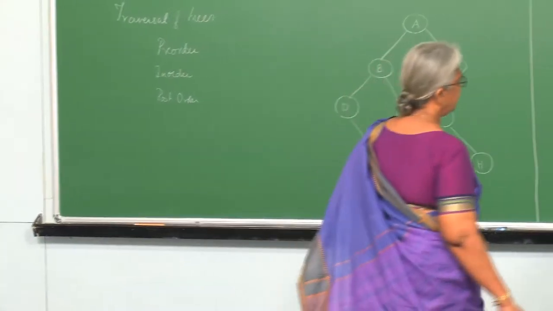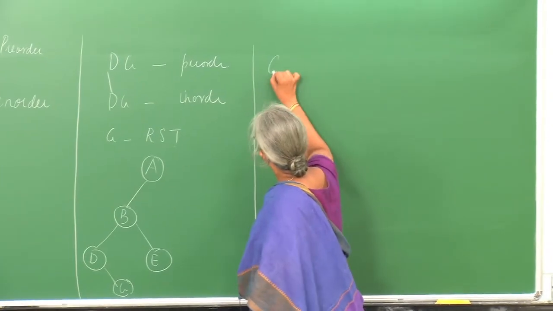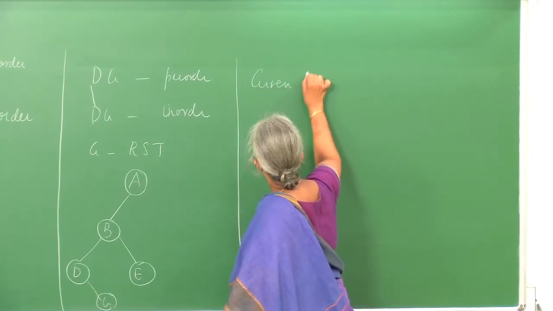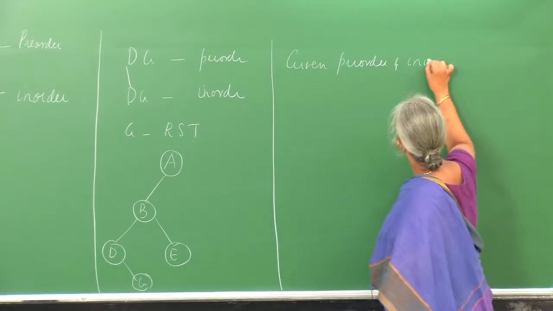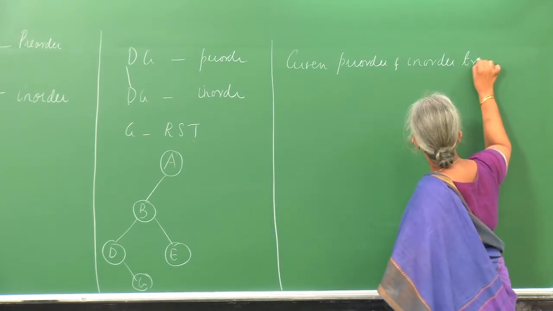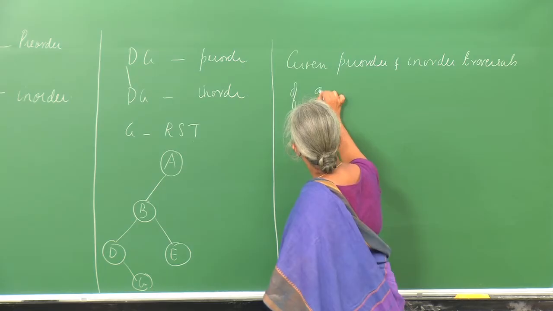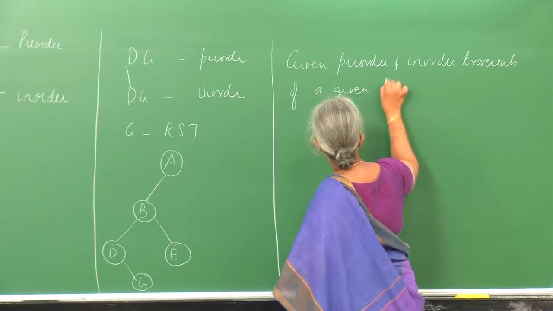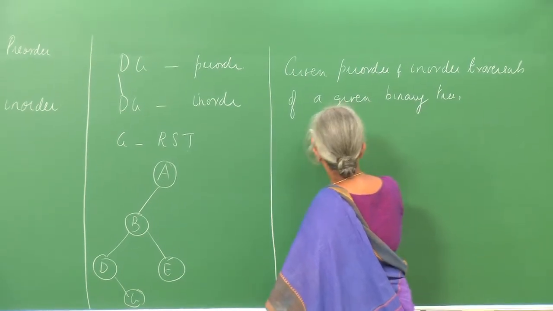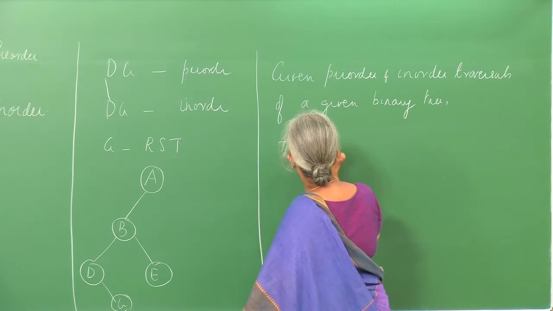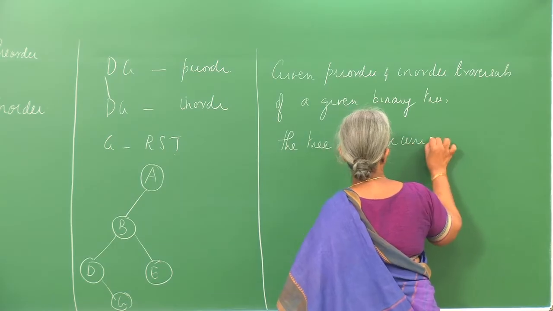And now, you can convince yourself that given the pre-order and in-order traversals of a given binary tree, the tree can be uniquely constructed. Okay. You can convince yourself about this.